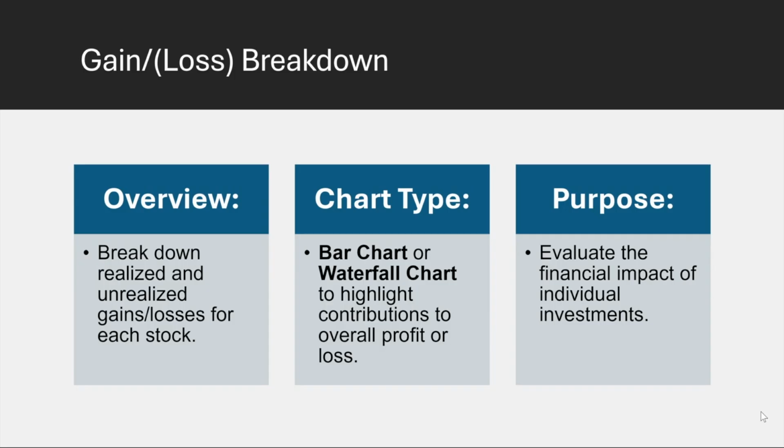This chart is created to break down realized and unrealized gain or loss for each stock. The purpose is to evaluate the financial impact of individual investments. So it will be easy to identify which stock is a gain and which stock is a loss. We can use a bar chart or waterfall chart to highlight contributions to overall profit or loss.